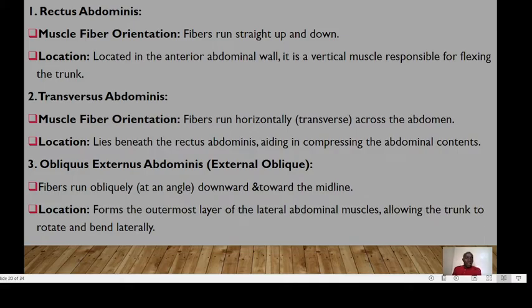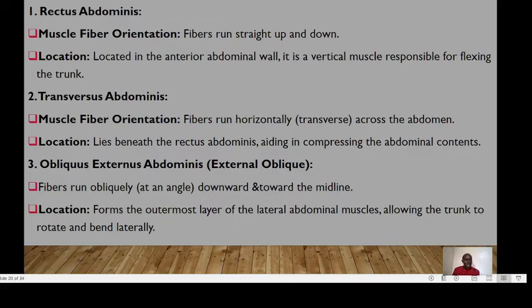We could also be talking of fibers that run straight up and down, located beneath the anterior abdominal wall. It's a vertical muscle responsible for flexing the trunk. We refer to it as the rectus abdominis. It can flex the trunk. The transverse abdominis runs horizontally across the abdomen, lies beneath the rectus abdominis, and aids in compression of the abdominal contents.